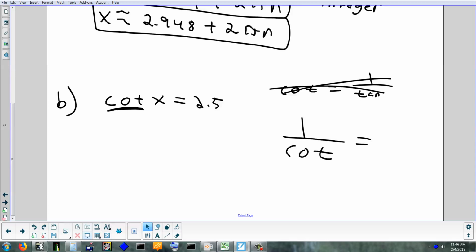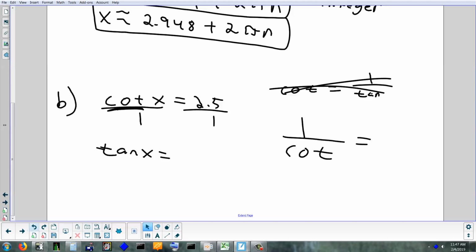Let's just flip each side, right? We're going to pretend that that's over 1 and that's over 1. We're going to flip what's on the left, and then we're going to flip what's on the right. If you flip what's on the left, you get 1 over cotangent. What's that the same as? That's tangent. All I did was take what was on the left and flip it.